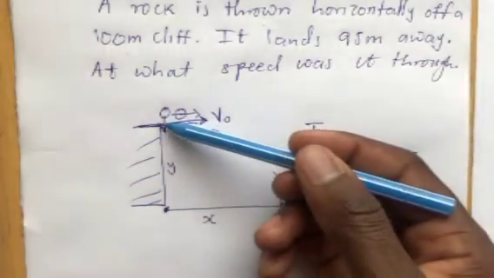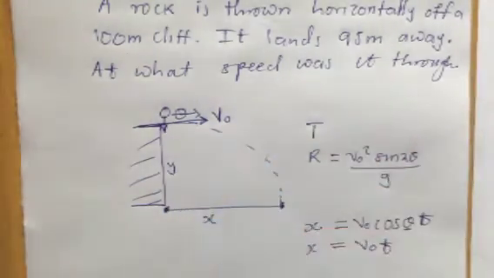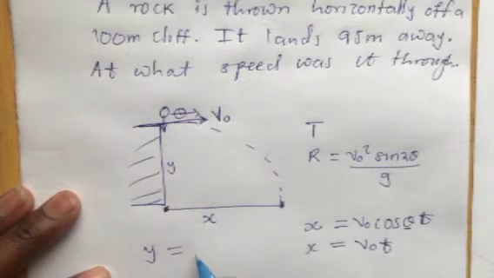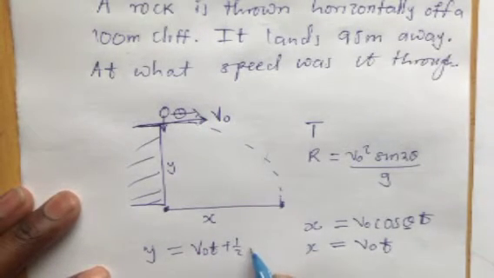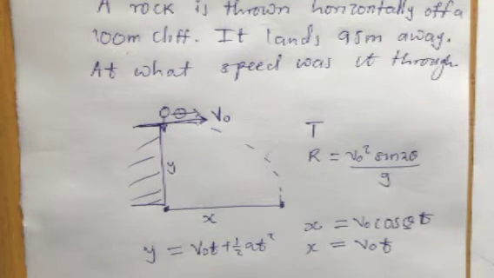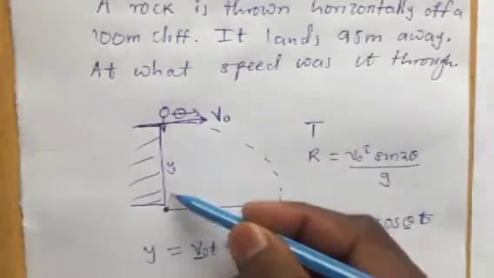Now, what formula are you supposed to use in y? If we use the general, or rather the skeleton equation, v initial t plus 1 over 2 a t squared, remember we're considering the y movement.